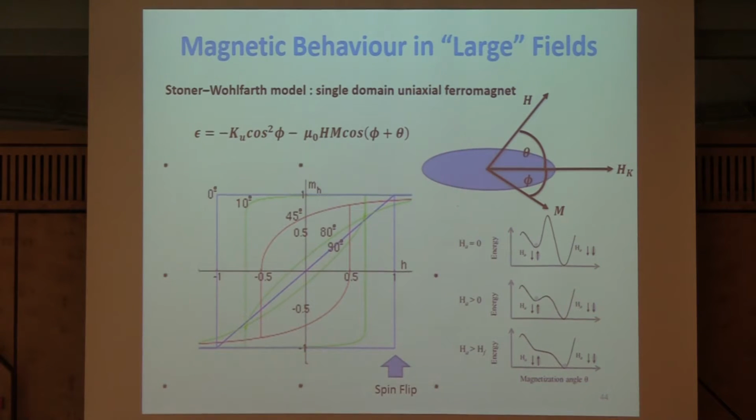However, if you do the opposite, you put the applied field along the easy uniaxial axis, then you start off in a certain magnetization state, and nothing happens. Nothing happens until the Zeeman energy is equal to the anisotropy energy, and then it flips. You get a spin flip, and the moments will just reverse from one direction to the other. In the energy landscape, it just rolls out of here into here.